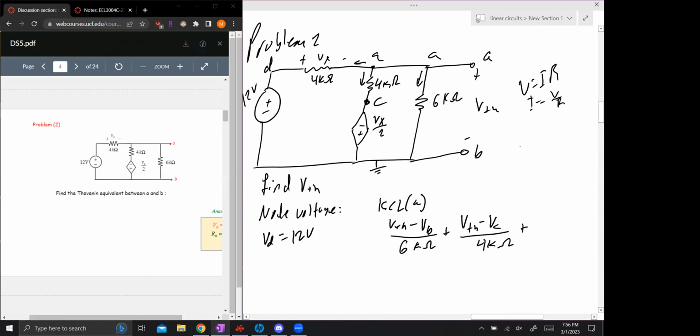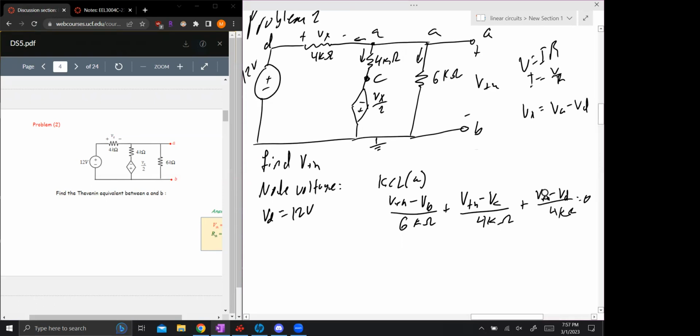Okay, so no, wait a minute. I'm just overcomplicating it again, honestly, because Vx is the same as VA minus VD. So if I'm really going to do VA minus VD over 4 kilo ohms, VA would be V Thevenin. There's no issue with that. I don't know why I had to complicate it so much.